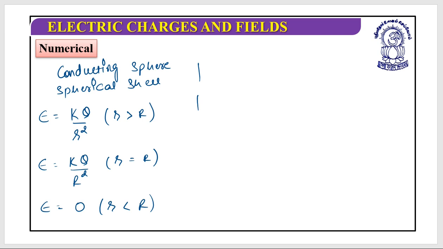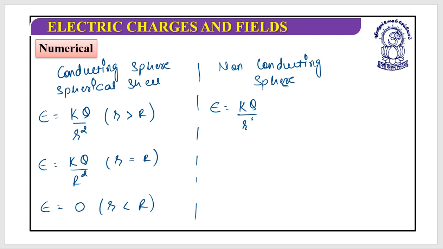Now let's talk about the non-conducting sphere. Electric field will be kq by r square when we are at r greater than R, outside the sphere. Electric field will be equal to kq by r square when r equals R, on the surface.